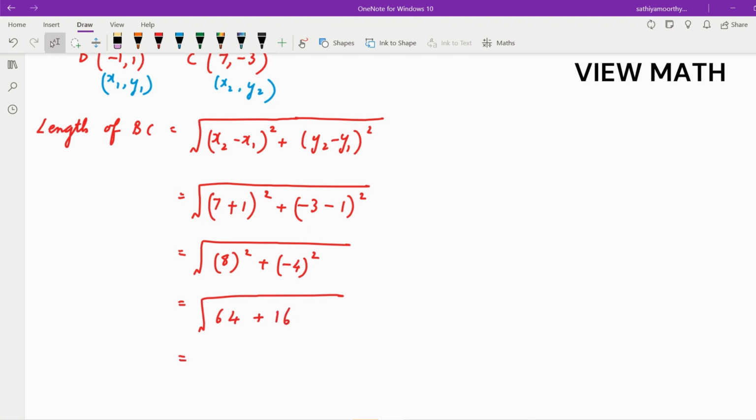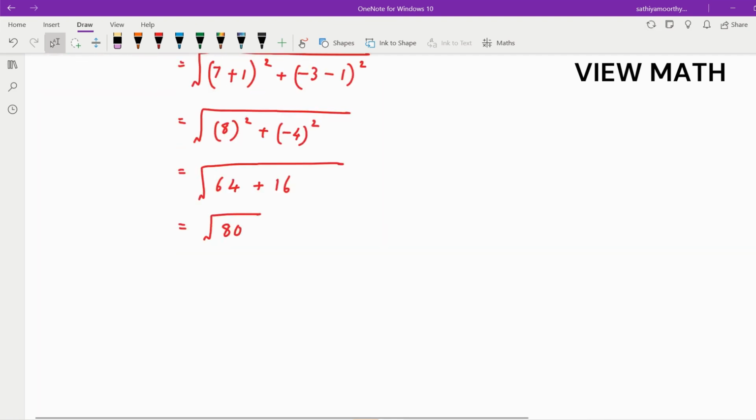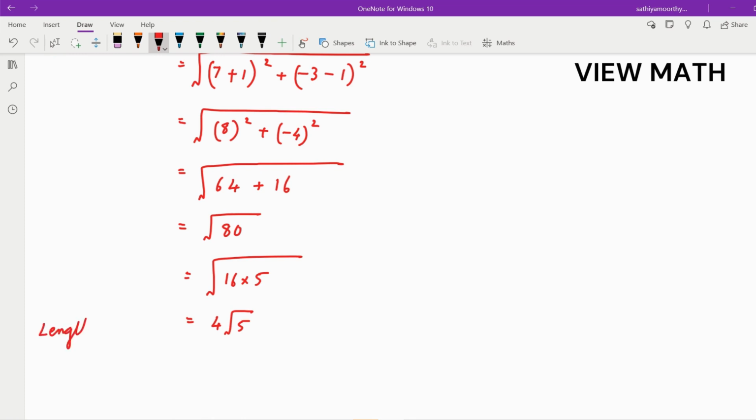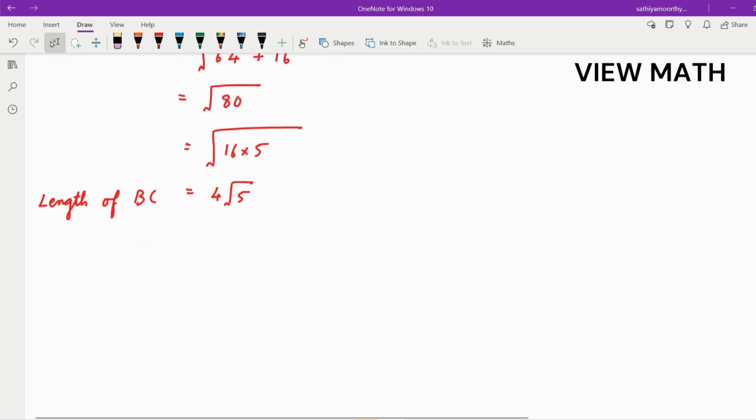So if I add, I am getting square root of 80. Now 80 I can write as square root of 16 into 5. Now square root of 16 is 4. 4 into square root of 5. So this is the length of BC. So we have found out the length of LM and BC.